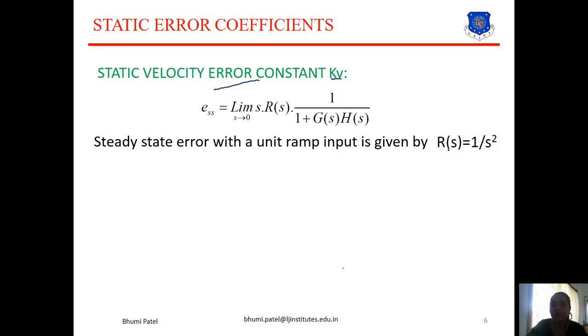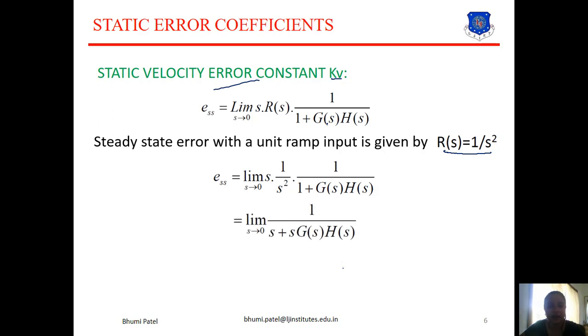So put the value of R(s) in this equation, we get ess is equal to limit s tends to 0, s into 1 by s square into 1 upon 1 plus g(s) h(s). So here we get limit s tends to 0, 1 upon s plus s g(s) h(s).